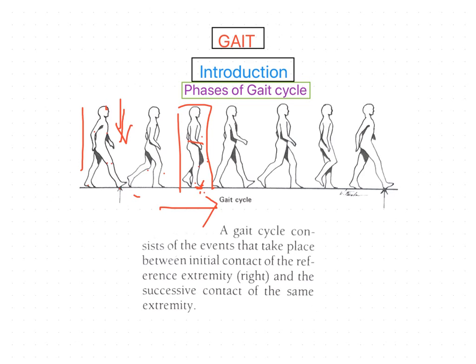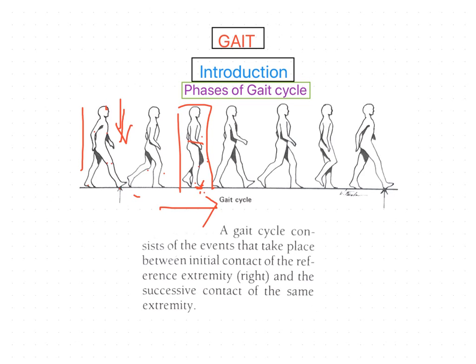After that, some other investigators like Winter have also proposed 3 main tasks for walking gait. One is the maintenance of support of HAT against gravity.